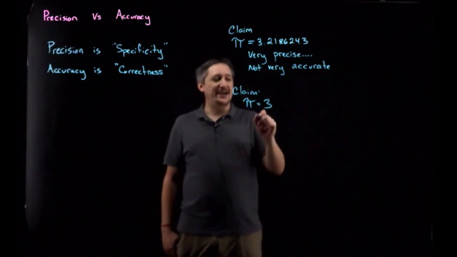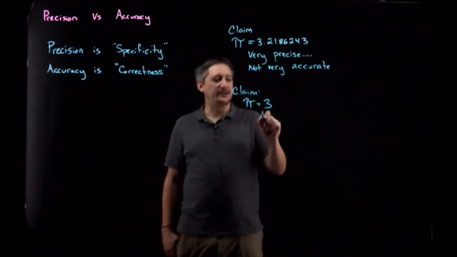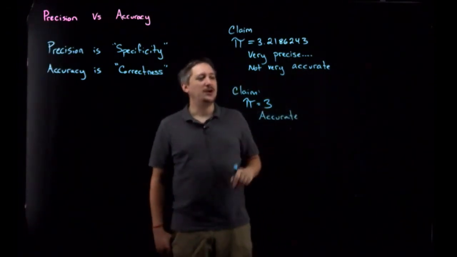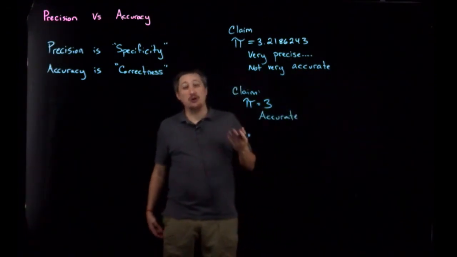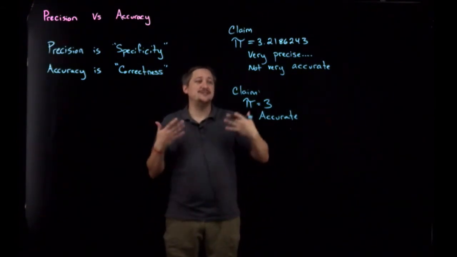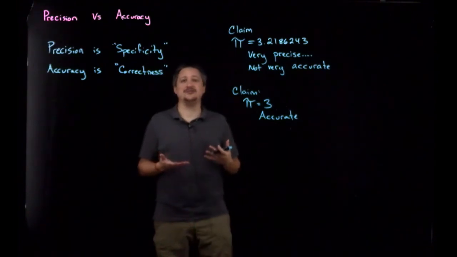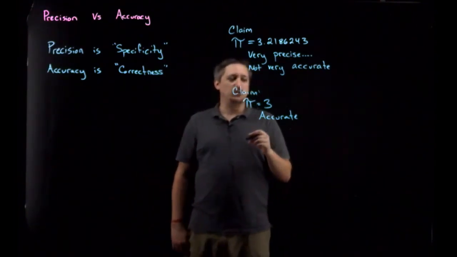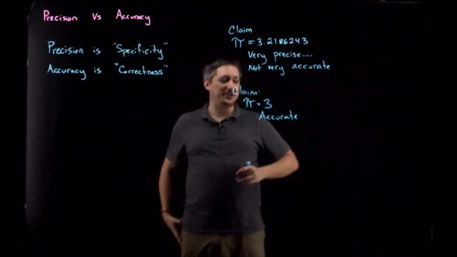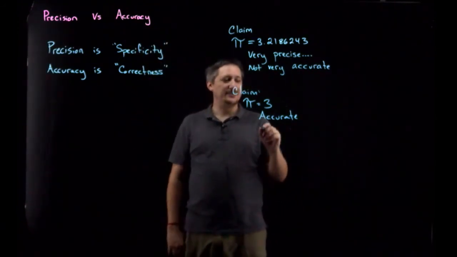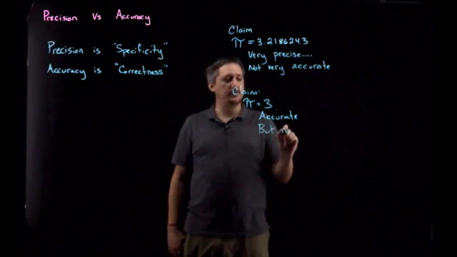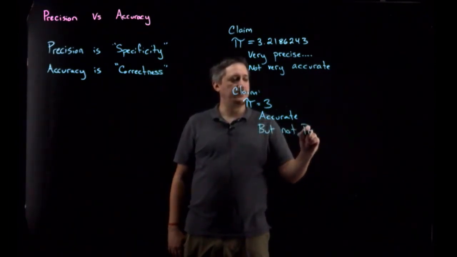So this is accurate, in the sense that what I've written isn't so much wrong as it's really imprecise. It's not specific. I haven't given you very many digits of precision, which is not to be confused with actual accuracy, which is why I'm talking about this, because it's a confusing difference. So it's accurate, but not precise.